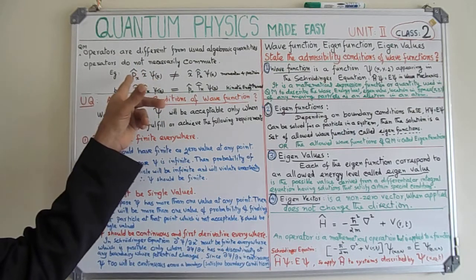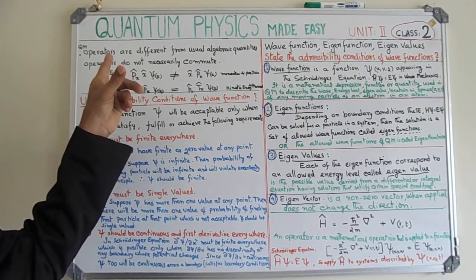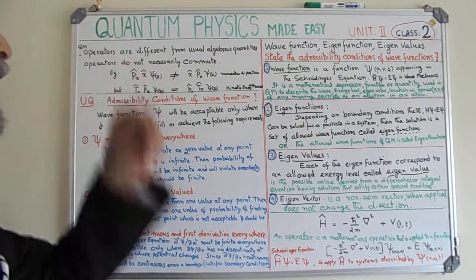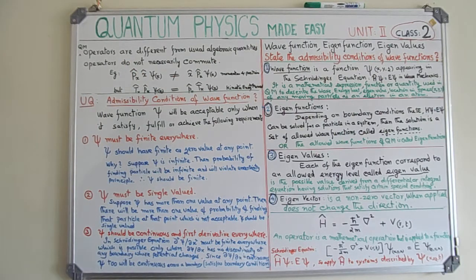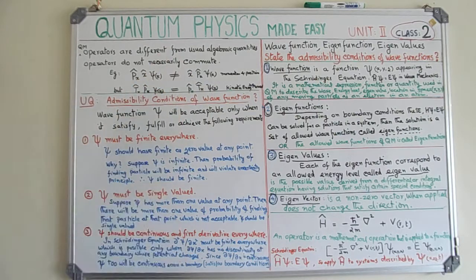That is, position operator and momentum operator are doing. We have to first perform the momentum operator, then the position operator. If you are reversing it, it will not be equal on a wave function.